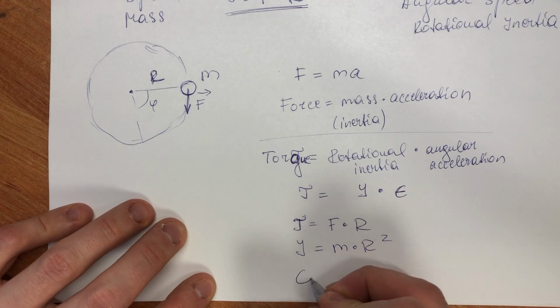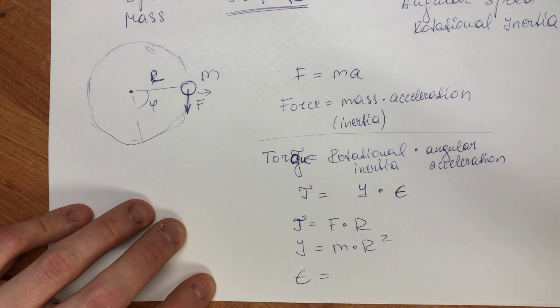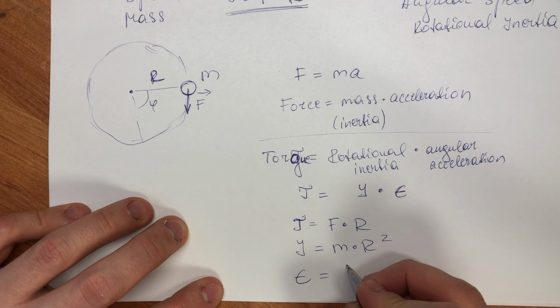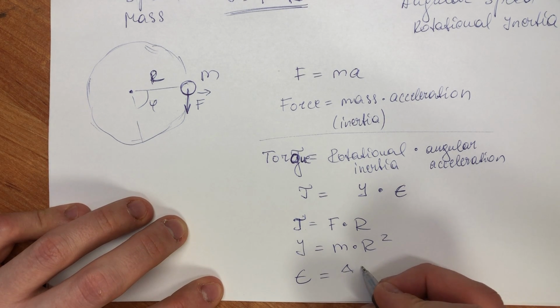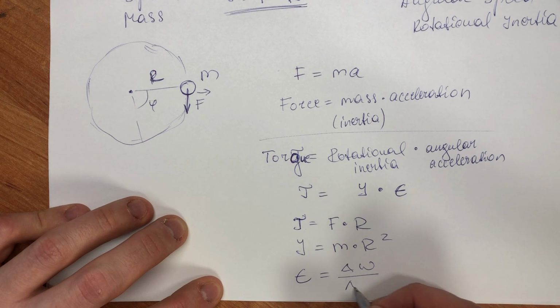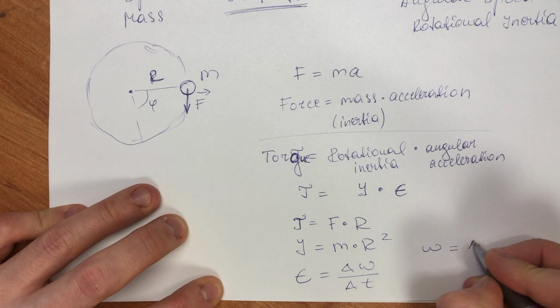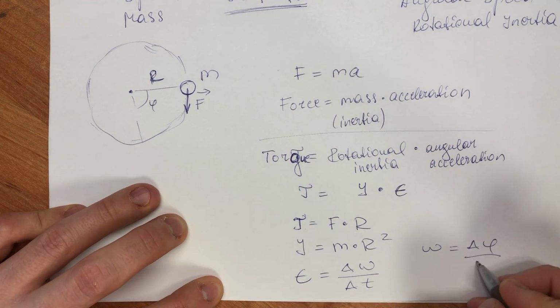And what else? Epsilon. Epsilon is delta omega over delta t, and omega is delta phi over delta t.